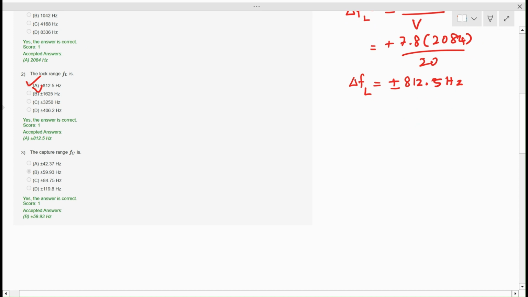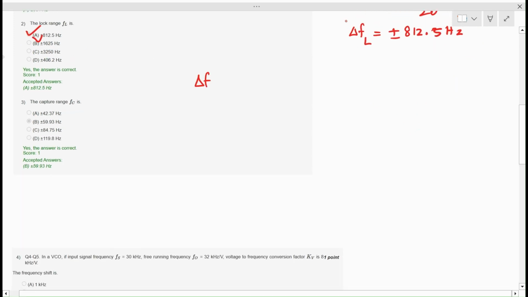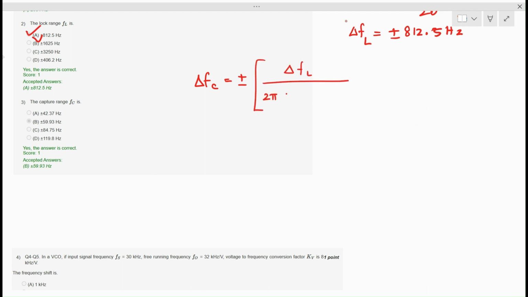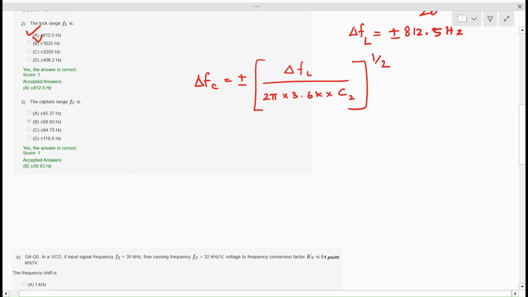Question number 3, what is the capture range? Del FC equals del FL divided by 2 pi into 3.6 kilo ohm, that is the resistor value, and C2 is the capacitor value, whole power 1 by 2. This is the capture range formula. Del FL we found is 812.5 hertz.